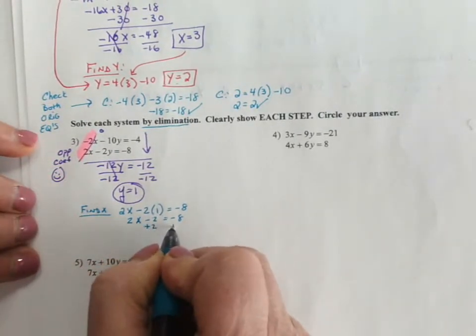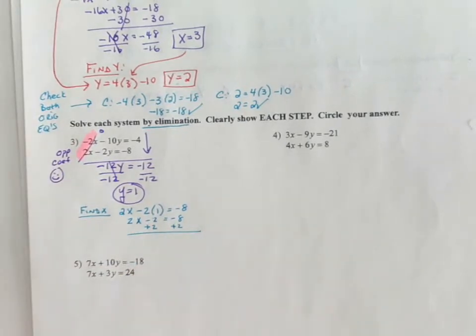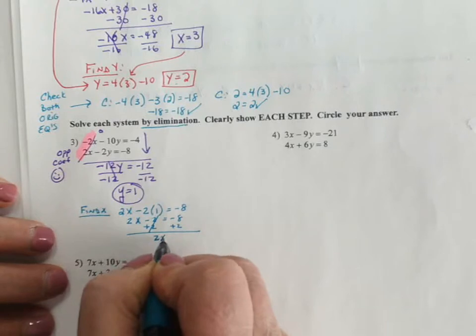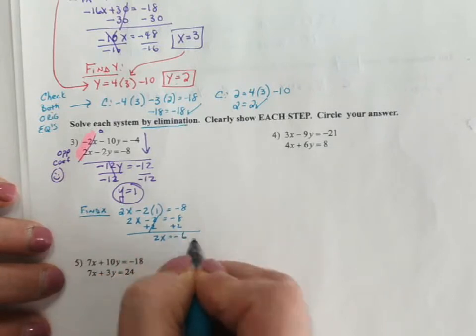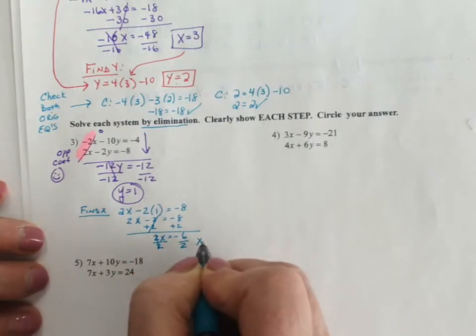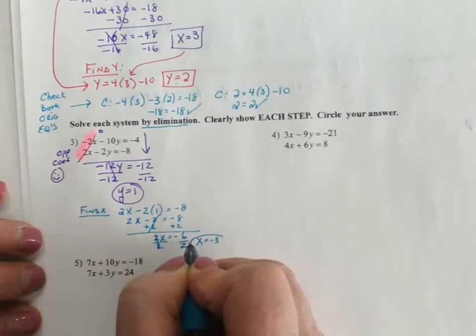Add 2 to both sides. You get 2x equals negative 6. Divide by 2, x equals negative 3.